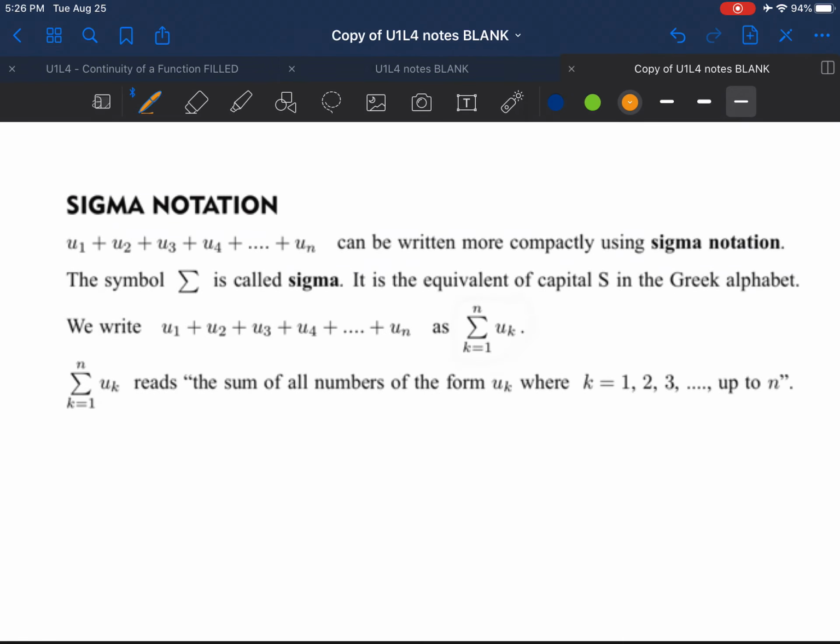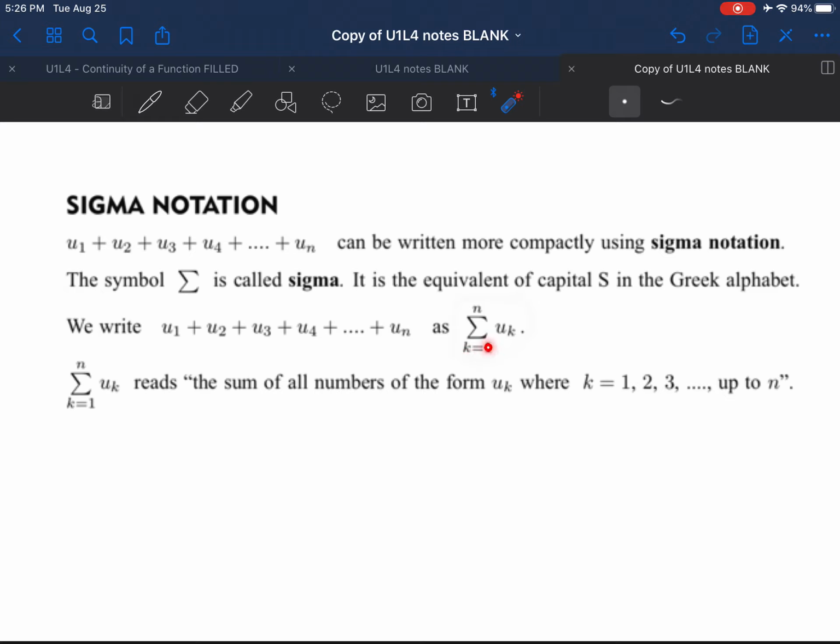So, the second new idea is the idea of sigma notation. This symbol is called a sigma, and whenever you see it, it means add, sum. Whenever we're trying to add a list of terms and we don't want to write all the terms out, we can write this symbol. It's got a couple parts.